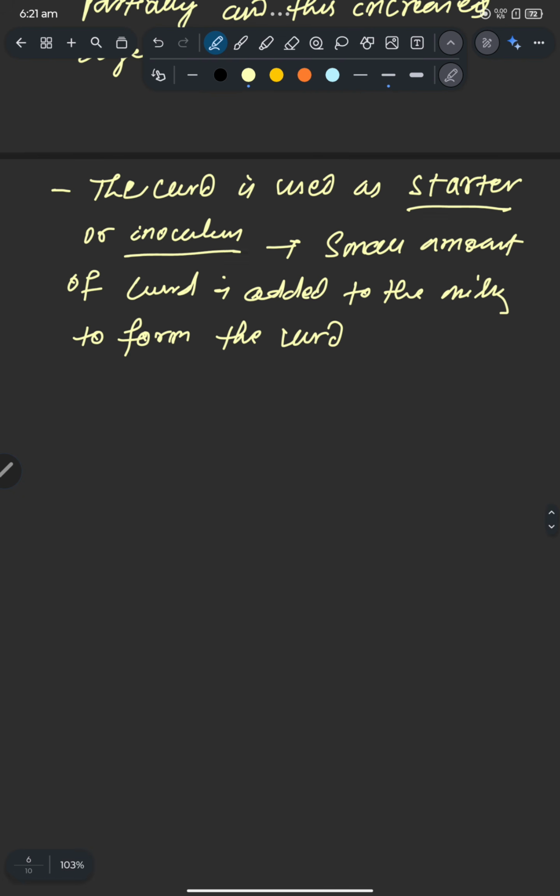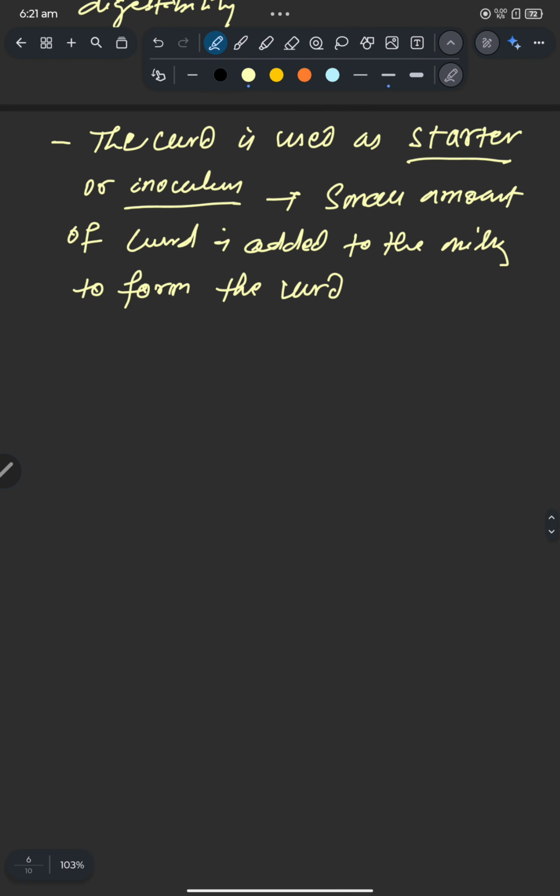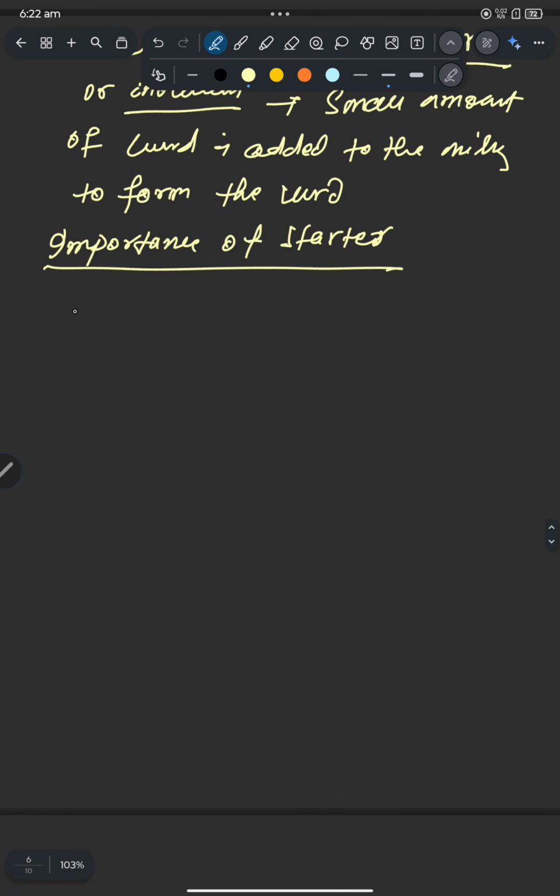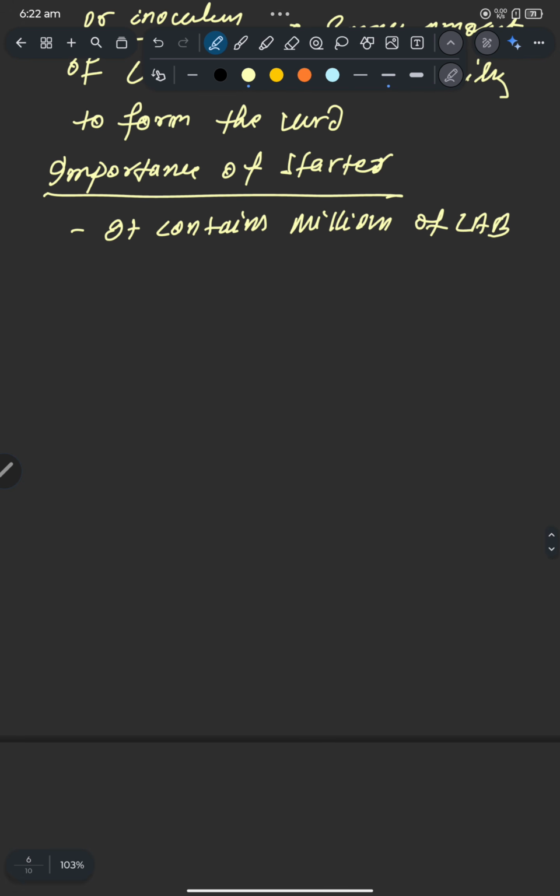Okay, now what is the importance of this starter or the inoculum? What is the importance of starter? It contains millions of LAB, and this LAB multiply rapidly at suitable temperature.